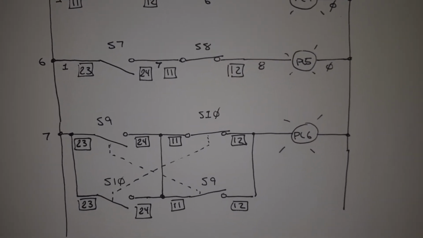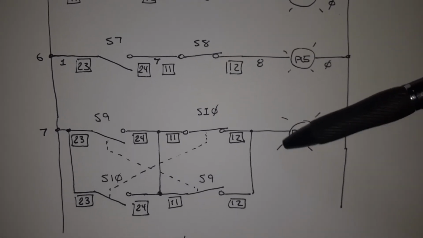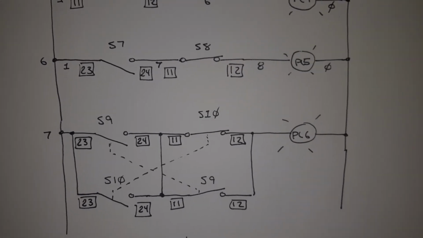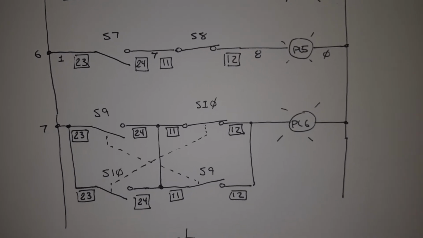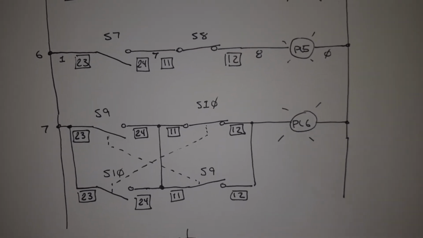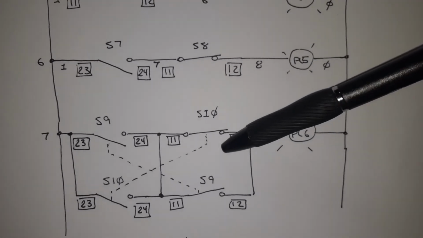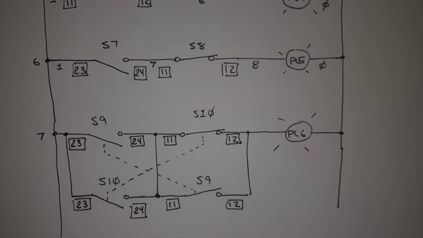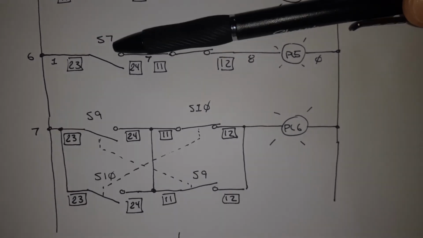It doesn't have any memory, but it's very simple to take a control relay and add a seal-in circuit that will give it memory so it stays on. We call that 3-wire control logic. And I'll draw a diagram here in another video that will show 3-wire control logic and how it has memory and how it can be used to turn things on and off without using a selector switch.